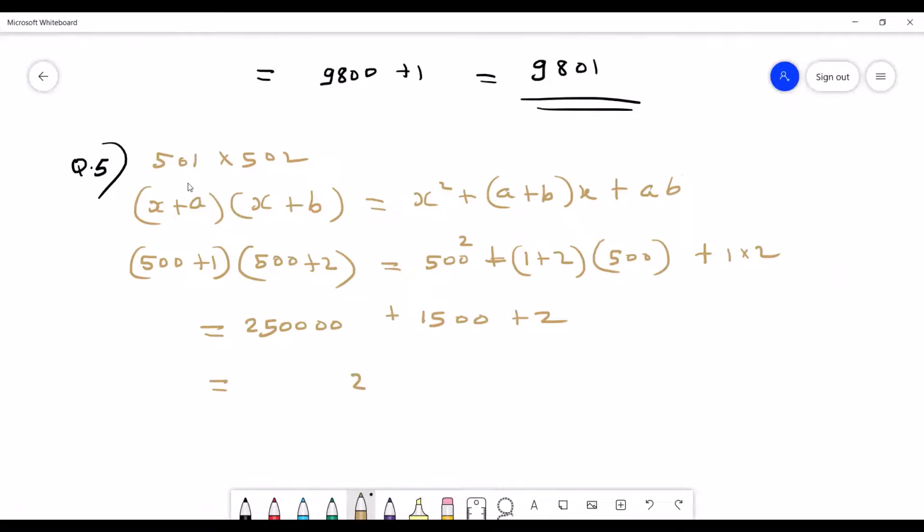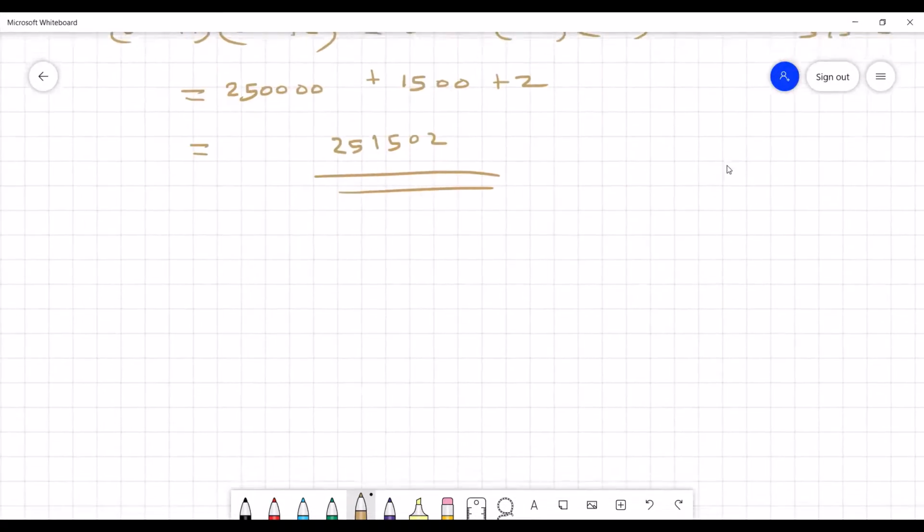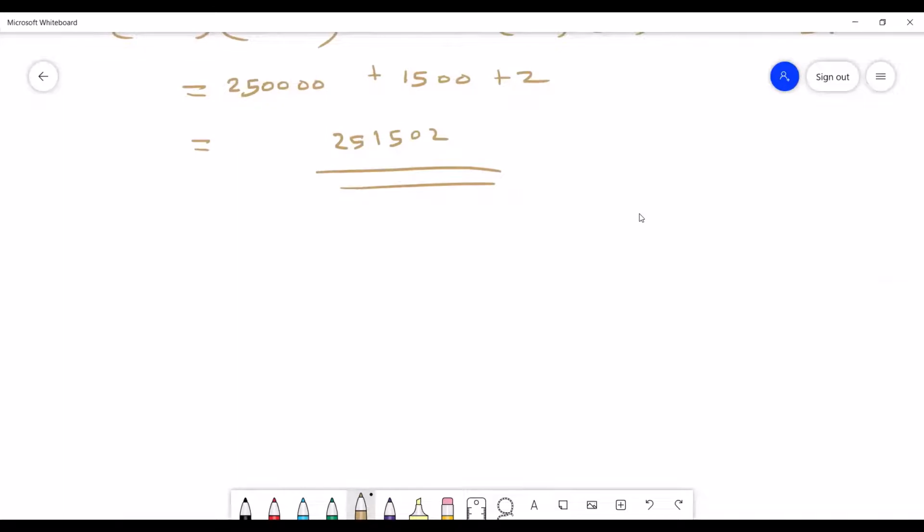So we get 251502. So the answer is 251502. See how easily we could arrive at the answer. Now let us go to the exercise.